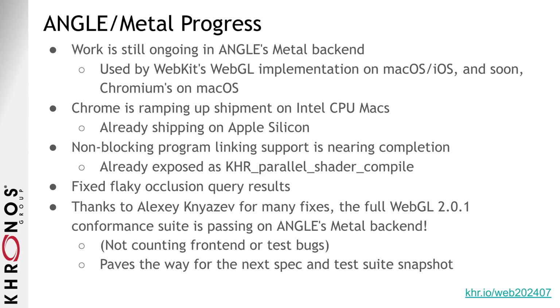And again, thanks to Alexei for many fixes in the ANGLE Metal backend. The full WebGL 2.0.1 conformance suite is passing on ANGLE's Metal backend. This is the first platform on which this vastly expanded conformance suite is actually passing 100%. And this paves the way for the next specification and test suite snapshot, which we're hoping to do in the coming few months.